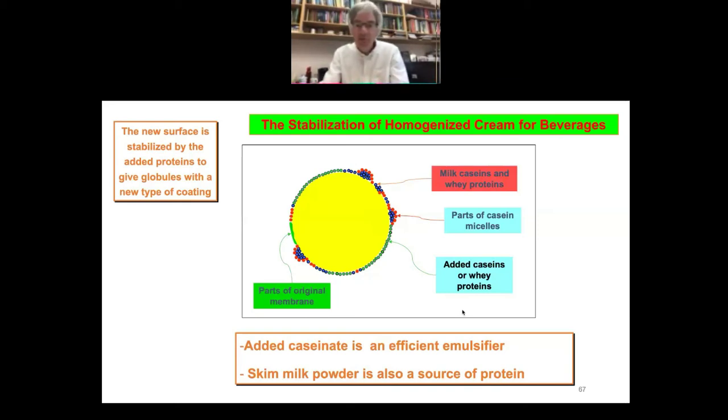So added sodium caseinate is a very efficient emulsifier, giving us that thin but strong stabilizing layer. Skim milk powder will also work, and then all the other plant-based proteins become less able to form good emulsions.